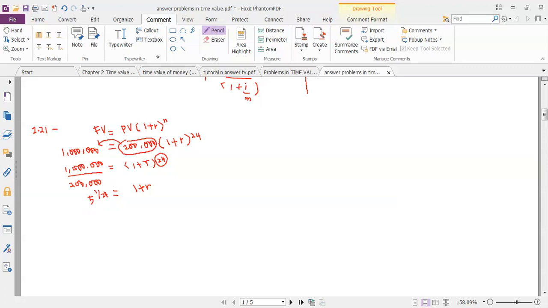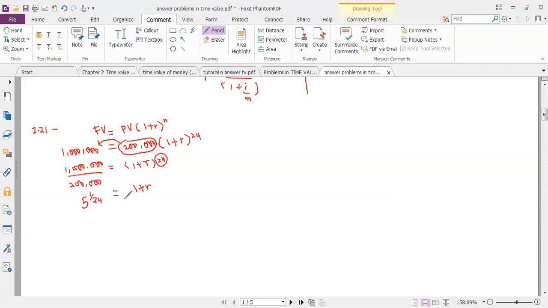So the power of 24, if we transfer to the other side, the result for 1 million divided by 200,000, which is 5, becomes 5 to the power of 1 over 24.